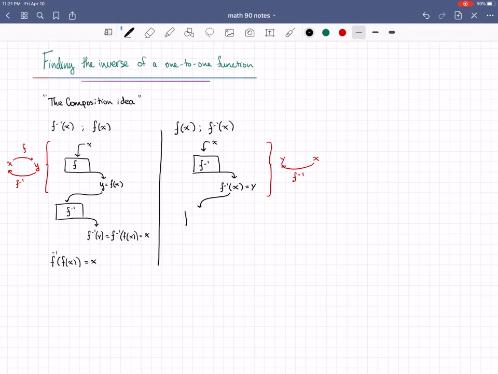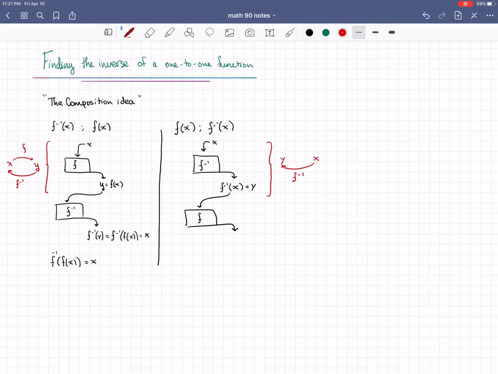And we're going to compose f inverse with f. Okay, well, what happens here? We know from our previous lesson that whatever f does, f inverse undoes, and vice versa. They close the circle.